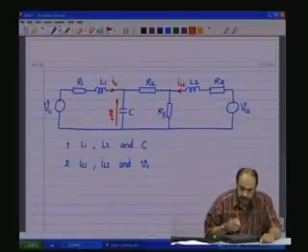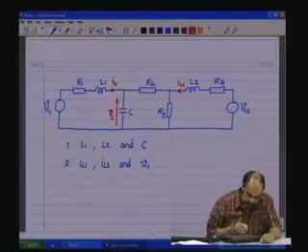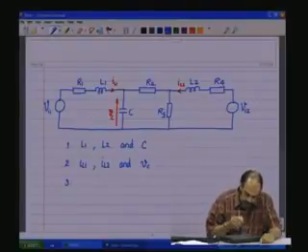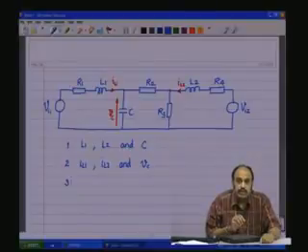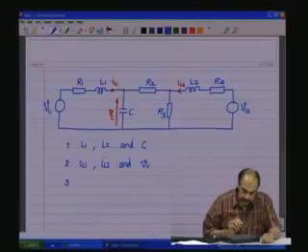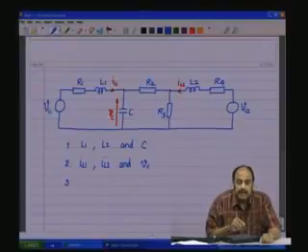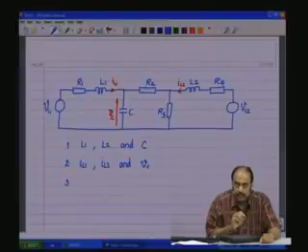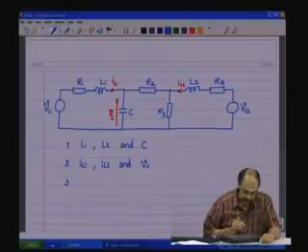We will come to that as we formulate the equation. Now, the third step in our process of obtaining the mathematical representation of this circuit is we take the dynamic elements or the energy storing elements one by one and try to solve the equations around them.